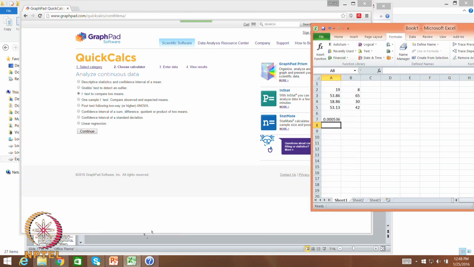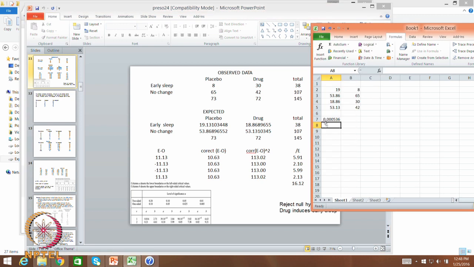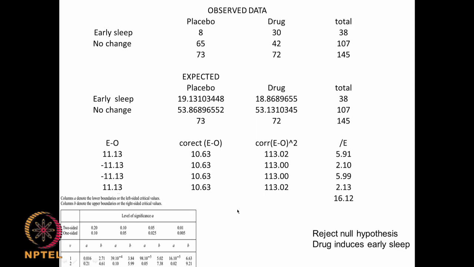So, we can do it using the Excel command called the chi test, or we can use the GraphPad also to calculate the probability, or we can use it for calculating the chi-square value. But it is quite simple to do it manually.